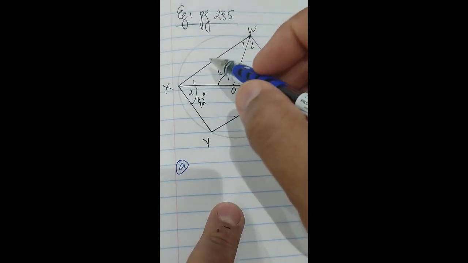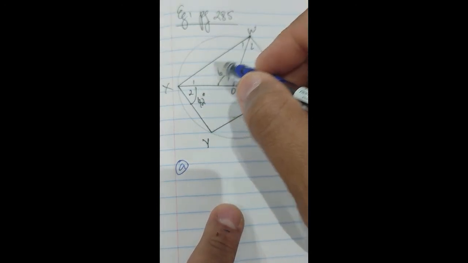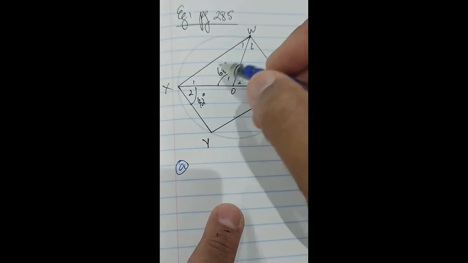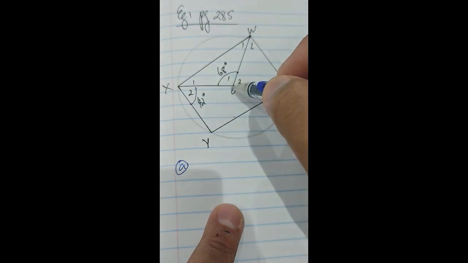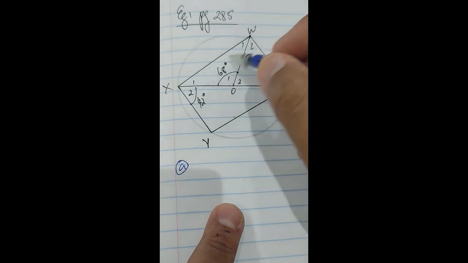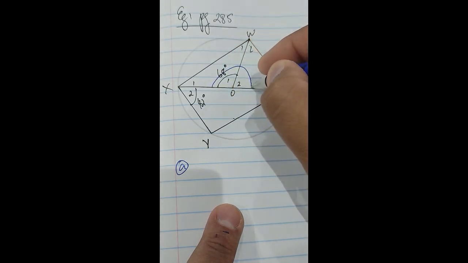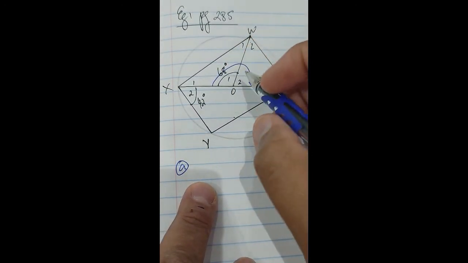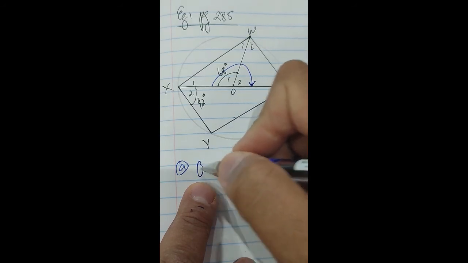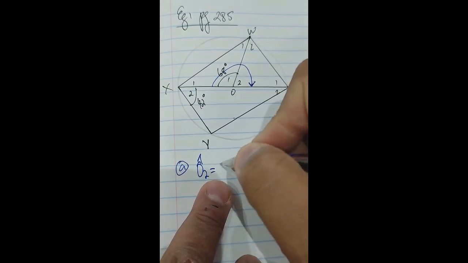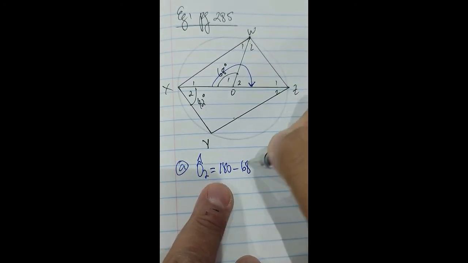Otherwise, what you could have said was that x1 is equal to w1. Why? Angles opposite equal sides, your radius OX and OW, and then we can go with sum of angles in a triangle. But I think angles in a straight line first, and then angle at center is going to be easier. So we first say that angle O2 is equal to 180 minus 68.